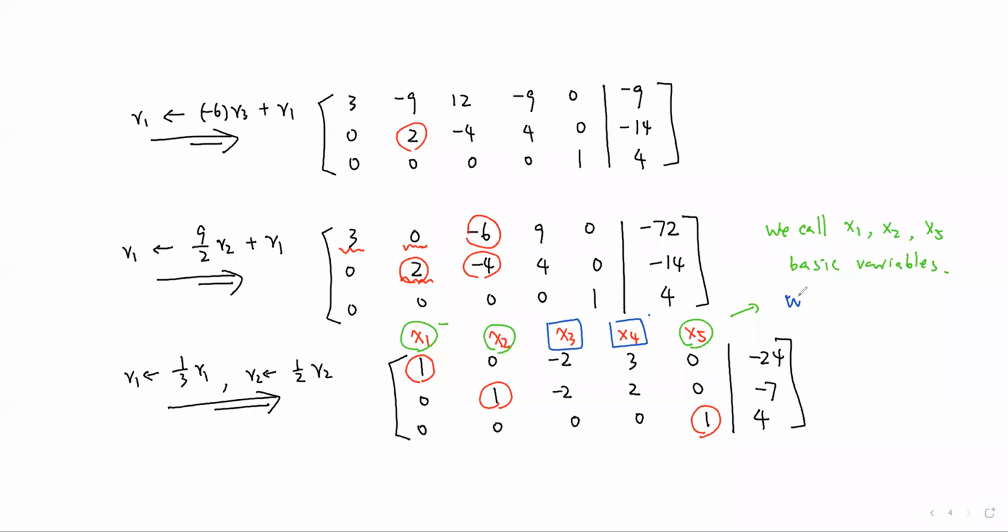Okay, we call x3, x4 free variables. Free variables, that means we can freely assign values to x3 and x4.